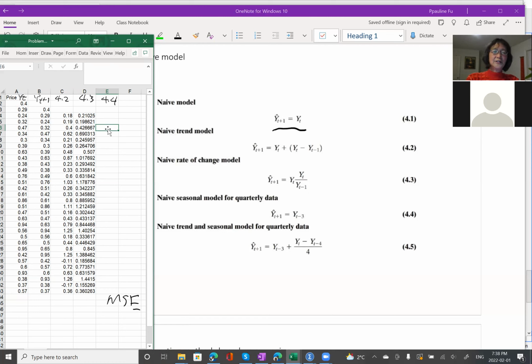So this number equals quarter 1 in the previous year. That is the meaning. So YT+1 equals YT-3. Okay, and then you fill the handle. So this is 4.4. And the last one, a little bit complicated, 4.5.